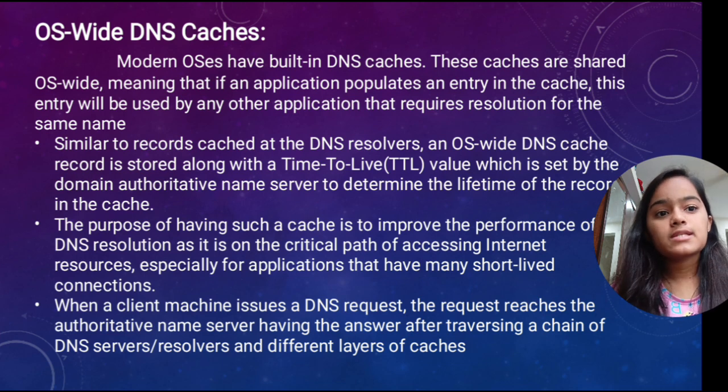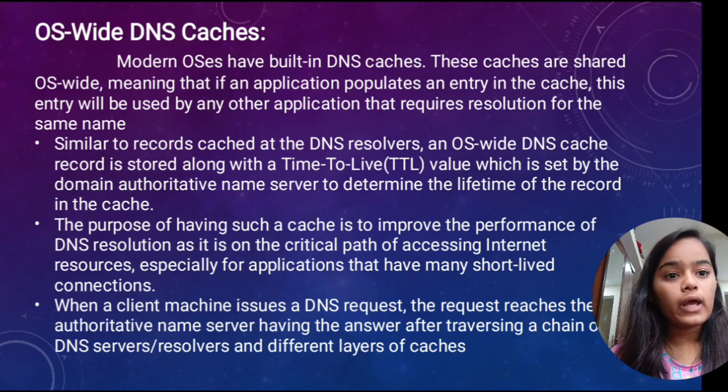Similar to records cached at the DNS resolvers, an OS-wide DNS cache record is stored along with the time to live, or TTL, value, which is set by the domain's authoritative name server to determine the lifetime of the record in the cache.